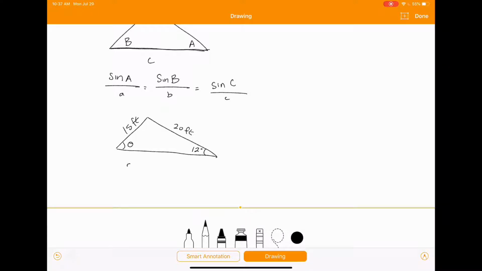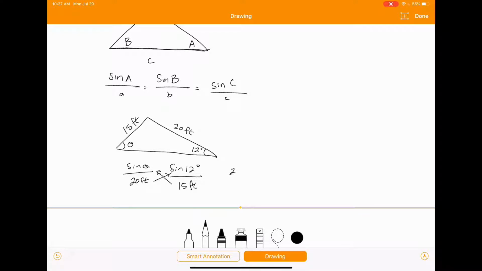So we're going to have the sine of theta all over that length that's opposite from that angle, so 20 feet, is equal to the sine of our known angle, which is 12 degrees, all over the length that's opposite of that, which is going to be 15 feet. And then you just cross multiply.